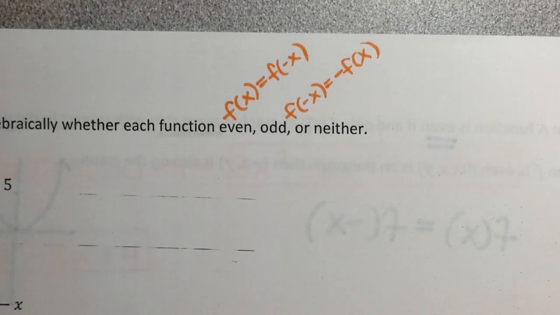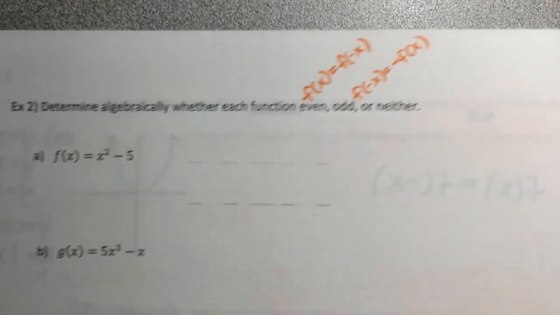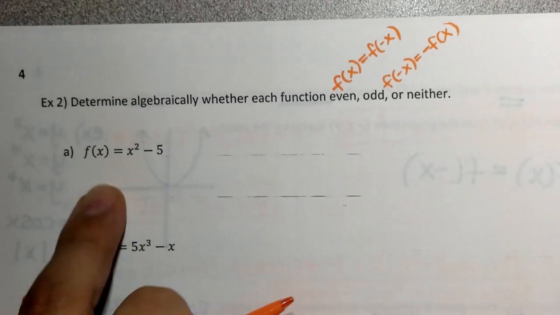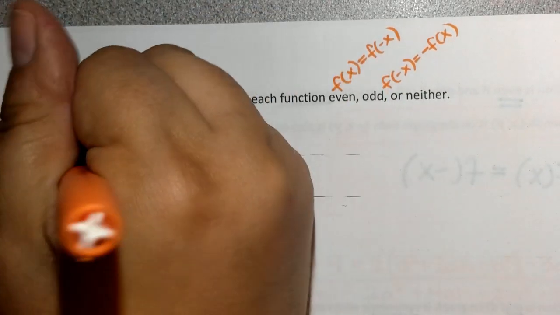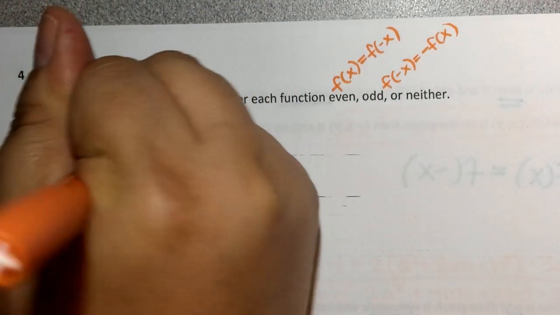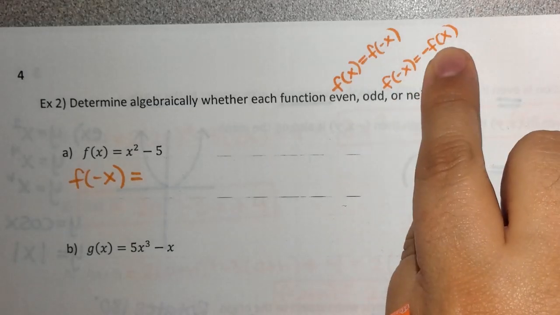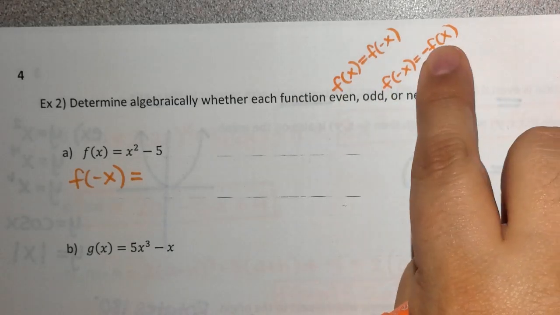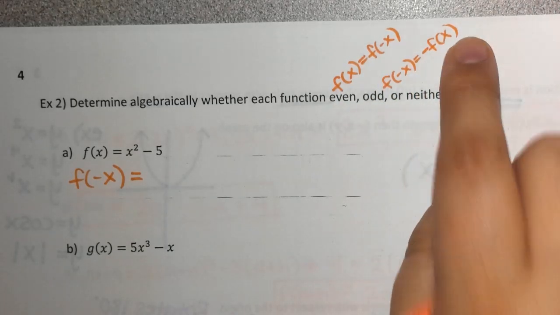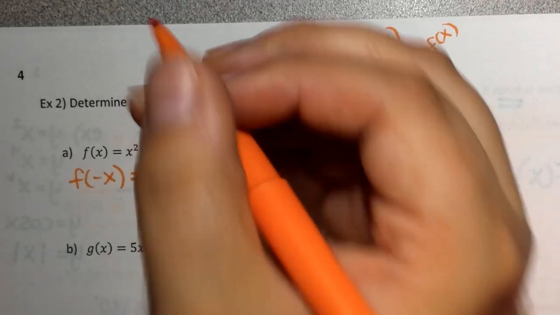So, to start this out, I have a function. I am going to check f of negative x. Plug that into your function. Right here? Yes, that's supposed to be a negative out front. Sorry, I know it's barely there.